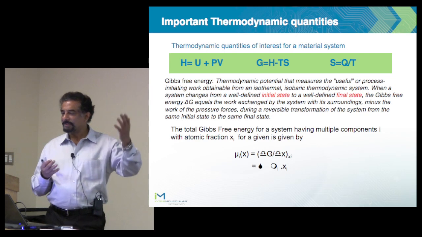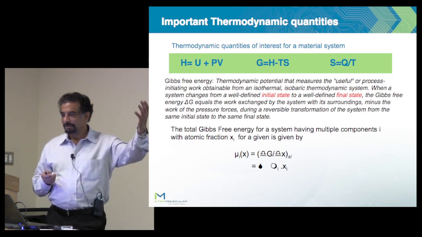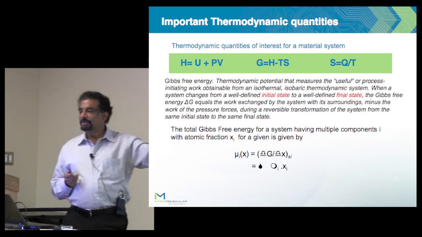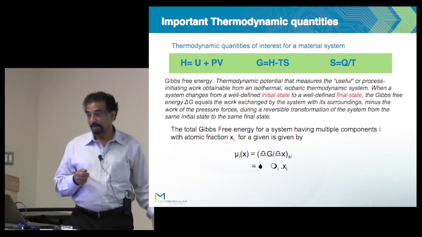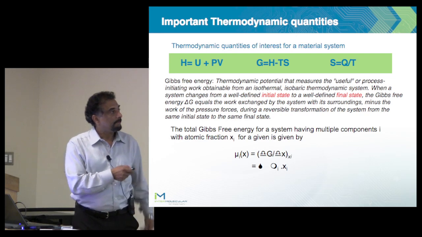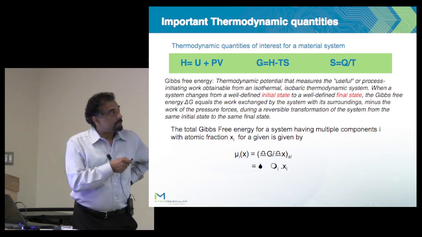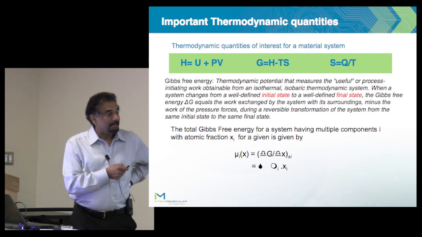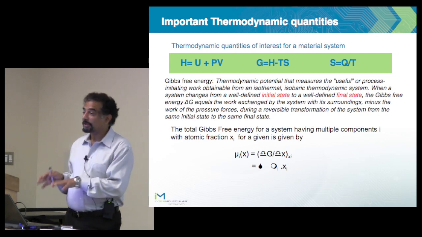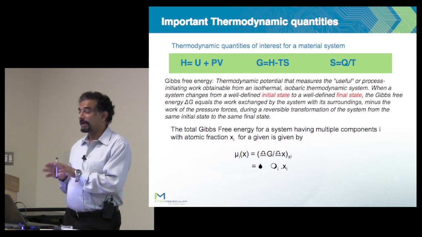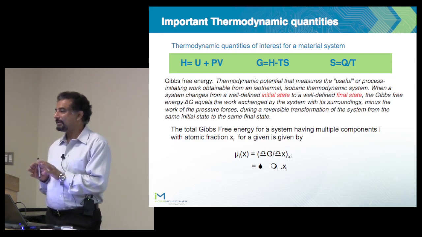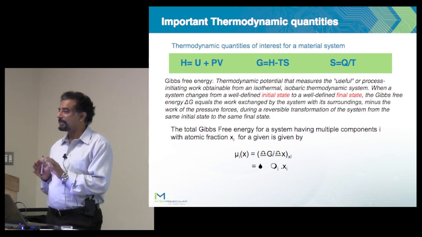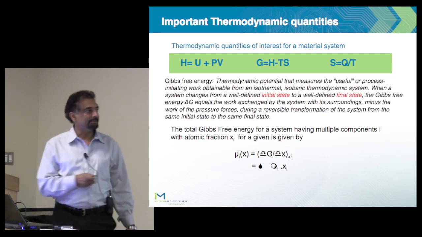It's like the potential energy term. If something has a high potential energy, it means in principle you can extract energy out of it and convert it into kinetic energy. It is important to understand that, especially for a lot of the materials that we've talked about, and I'll give examples, because without understanding that, the concept of free energy is sometimes difficult to understand, why certain things happen.